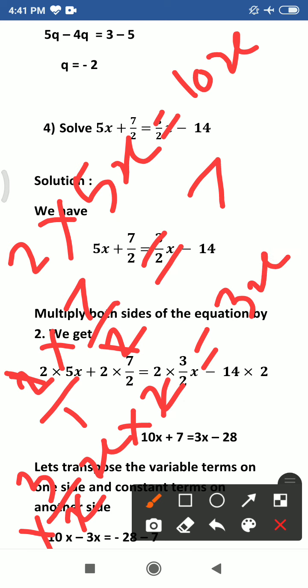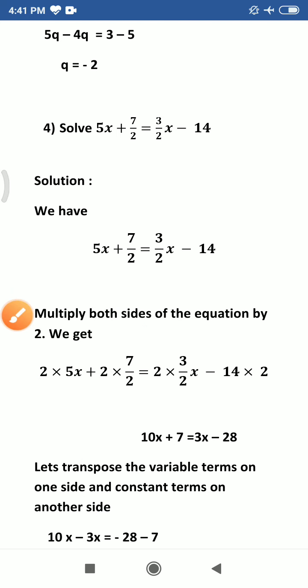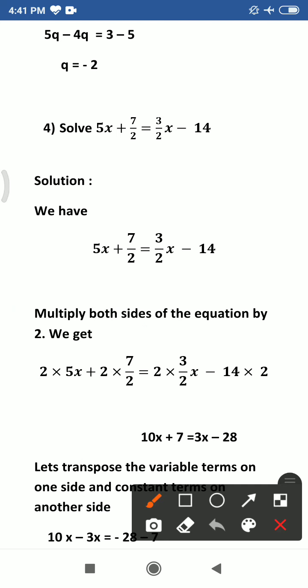And next was 14, which will be multiplied by 2, so it will become 28. So we will have the simplest form of all terms: first 10x, next 7, then 3x and next 28. So we will have the equation as 10x plus 7 is equal to 3x minus 28.